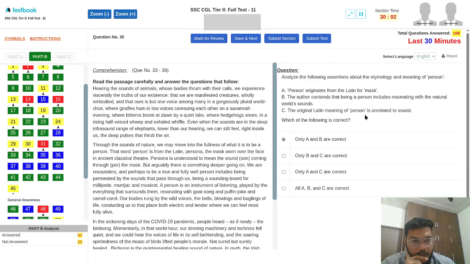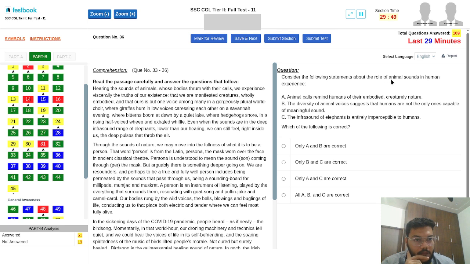The original Latin meaning of person is a little sound for someone. Animals calls remind humans of their embodied spiritual nature.